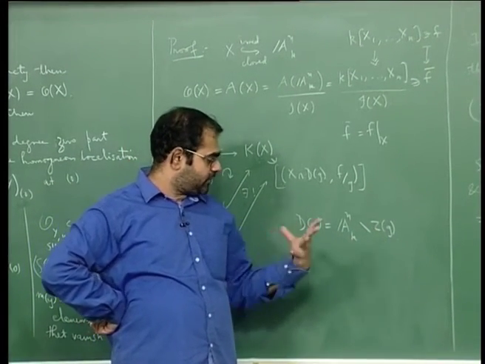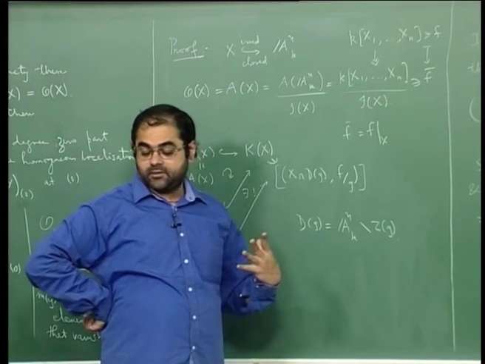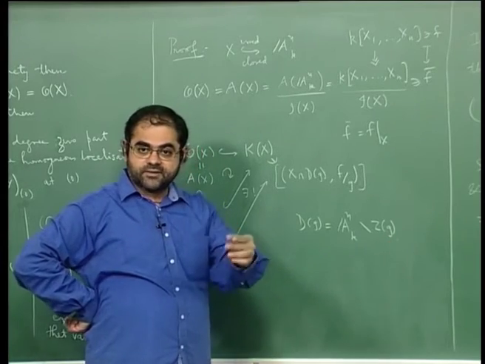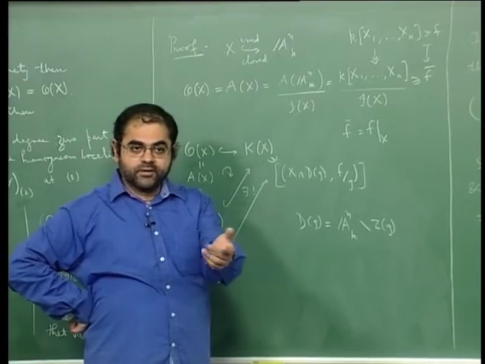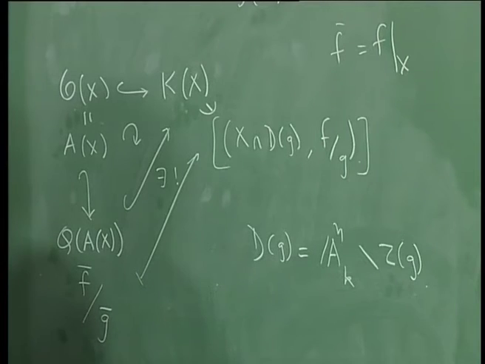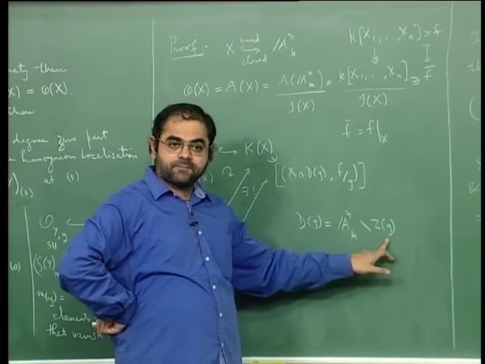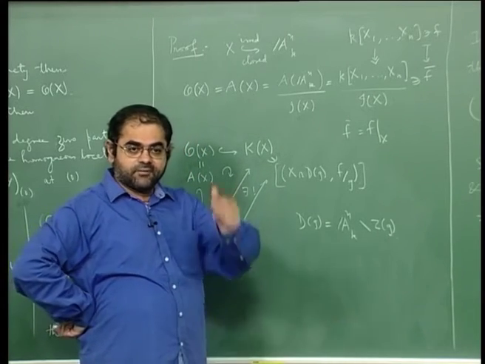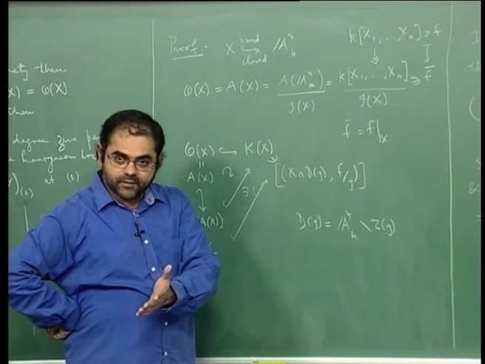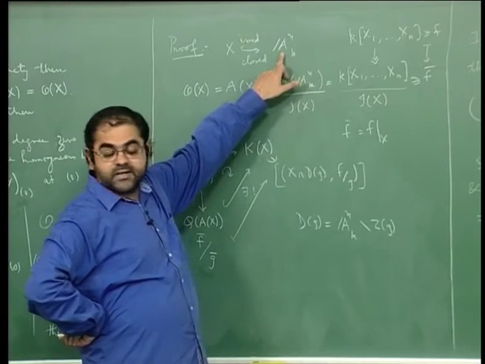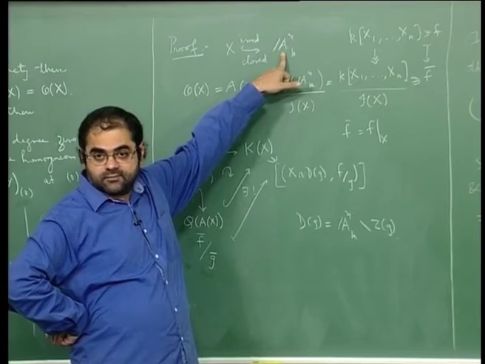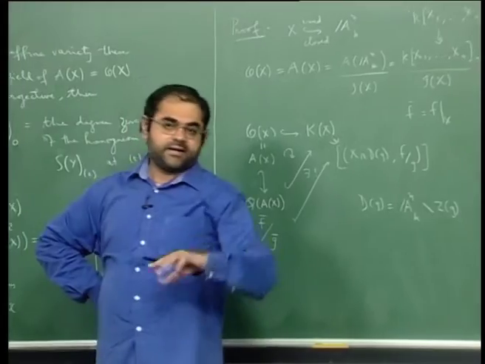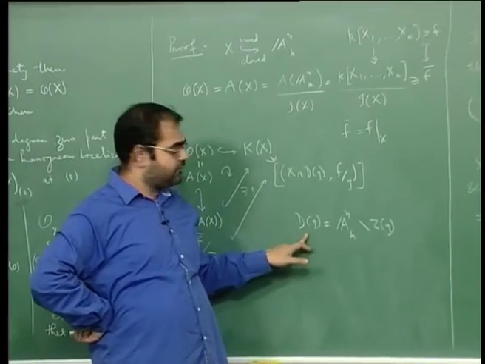Of course g need not be irreducible, but even if you factor g into its irreducible factors, then Zg will be a union of the Z of the gi's, where the gi's are the irreducible factors of g, and each Zgi will be a hypersurface, which means a codimension 1 subvariety, an n-1 dimensional closed subvariety of An. So Zg will be a union of hypersurfaces and its complement is Dg, which is a basic open set.